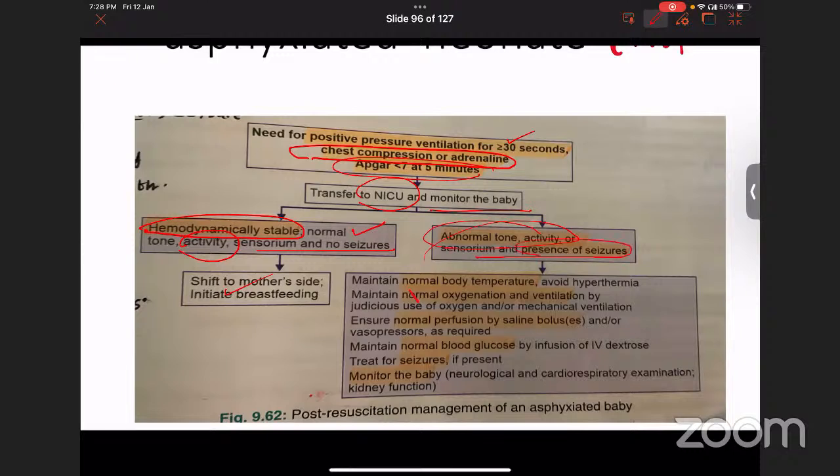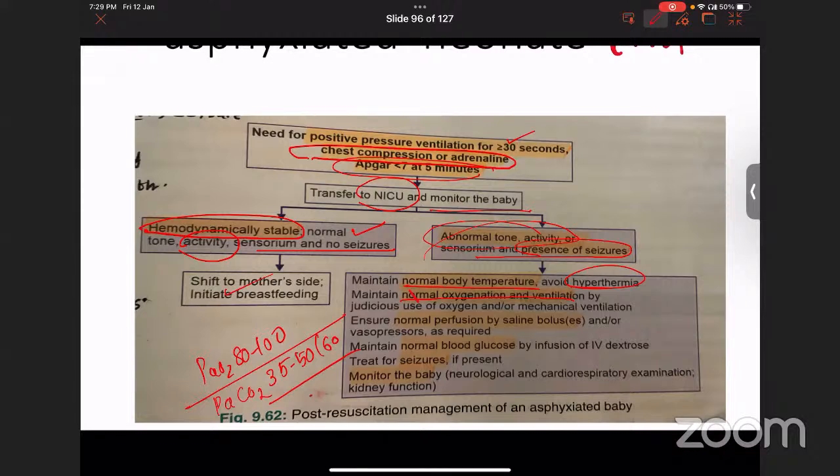then you have to maintain a normal temperature, prevent hypothermia, and maintain normal oxygenation and ventilation. I would say hyperoxia and hypoxia should both be avoided. You have to maintain a normal PaO2 of 80 to 100 and PaCO2 of 35 to 50, sometimes 60 is also accepted.